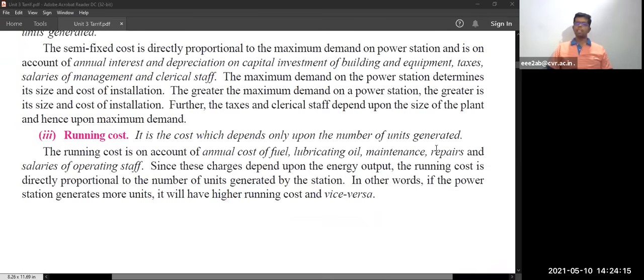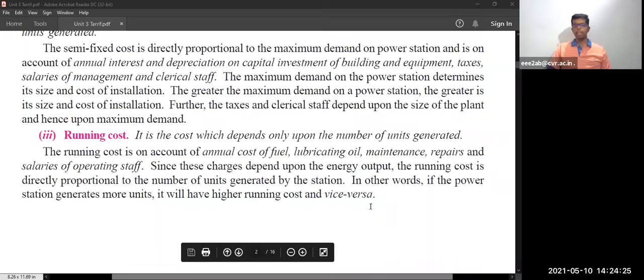If you take a hydropower station, the penstock you have to frequently monitor. If the penstock is made of iron, frequent maintenance should be there.